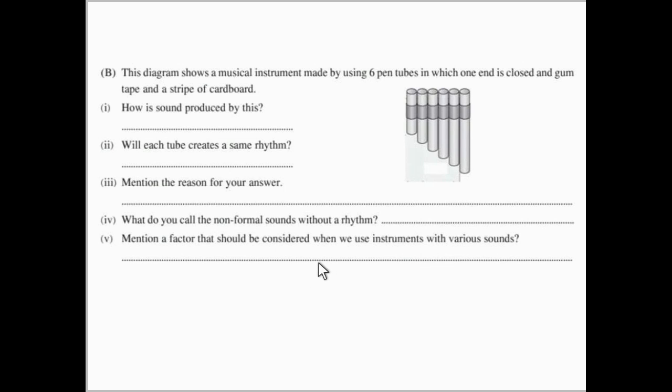There are instruments made by strings. By vibrating strings we can produce sound, such as guitars, sitar, violin and the like. And there are instruments which produce sound by vibrating air, just like this one, and melodica, and each type of flute.